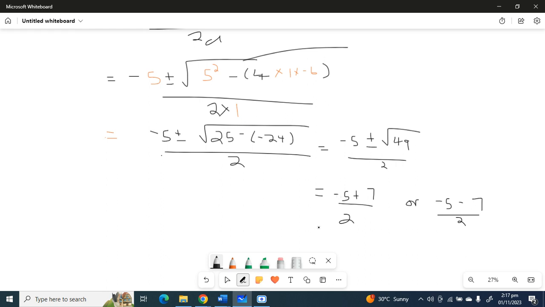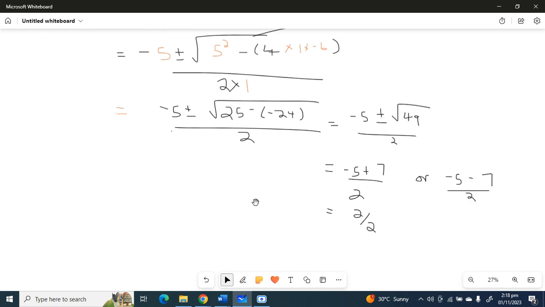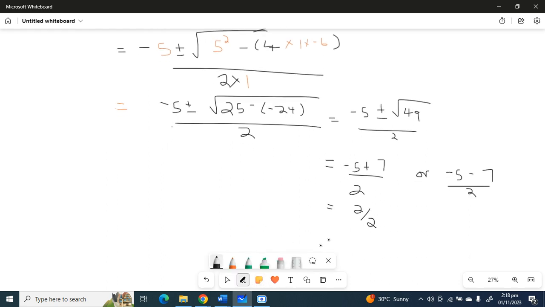Negative 5 plus 7 is 2, and 2 divided by 2 is 1. Negative 5 minus 7 is negative 12, and negative 12 divided by 2 gives negative 6. So x equals 1 or negative 6. These are your roots.